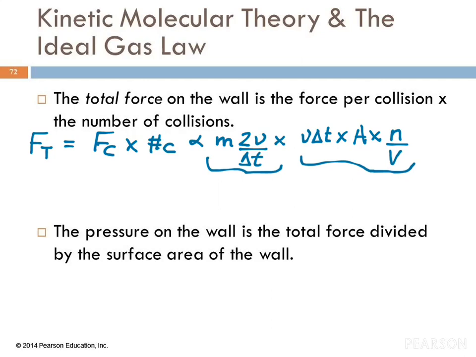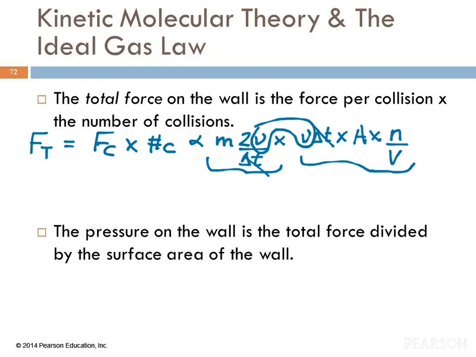Well, we can combine some things here. These delta t's cancel out, and we've got two of these velocities here. We're doing a proportional equation here, so this 2, we can just make go away. We're going to bring a proportionality constant in later.